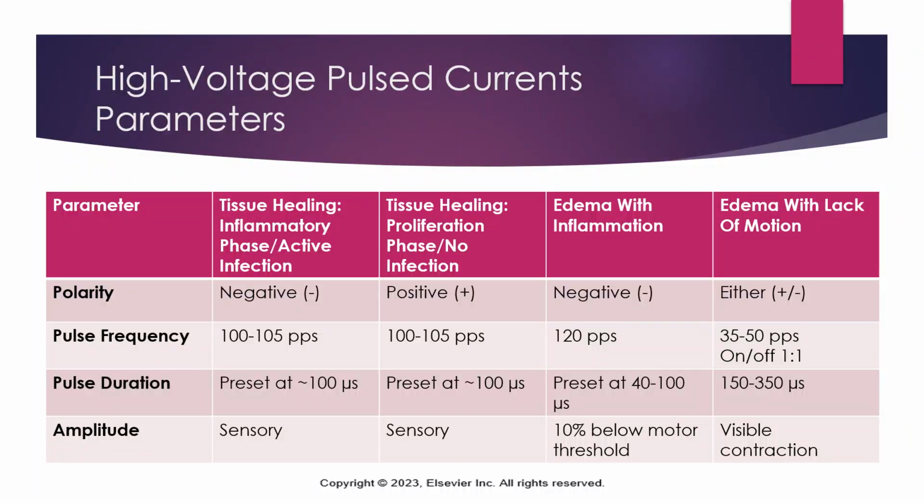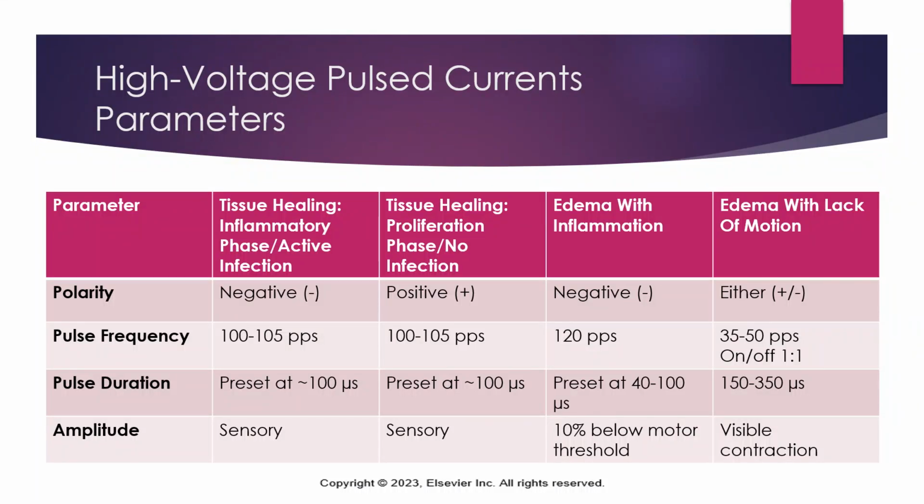The pulse duration is typically going to be preset at around 100 microseconds, and we're only trying to stimulate a sensory feeling with this particular setup of HVPC. So just remember the amplitude is the intensity. So only sensory for tissue healing in the inflammatory phase or if there's an active infection. Let's go to the next one here.